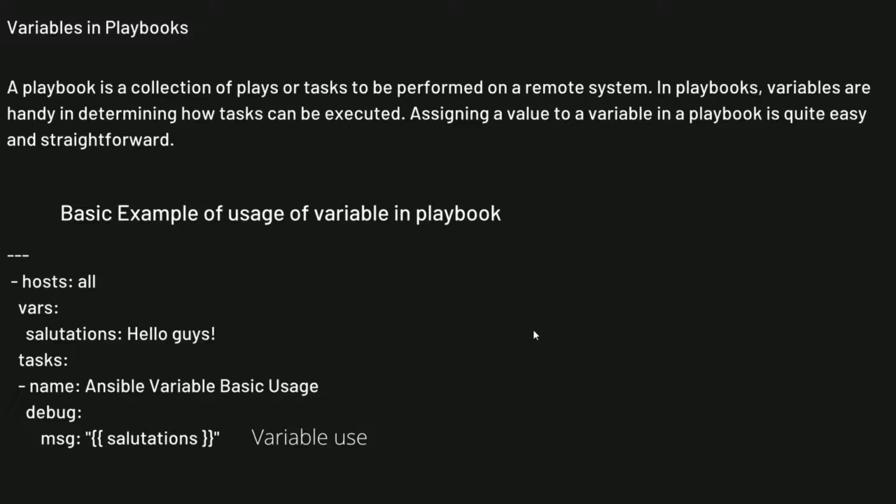A playbook is a collection of plays or tasks to be performed on a remote machine. In playbooks, variables are handy in determining how tasks can be executed. Assigning a value to a variable in a playbook is quite easy and straightforward. By that I mean it's very easy to declare a variable.